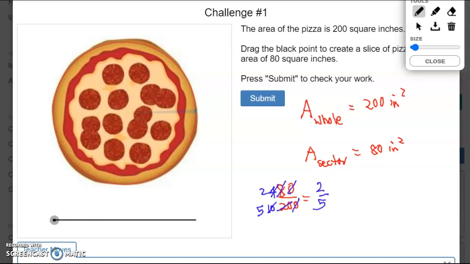I can kind of move this. Does that look like about 2/5 of a pizza? Okay, so maybe. I am going to submit it now.